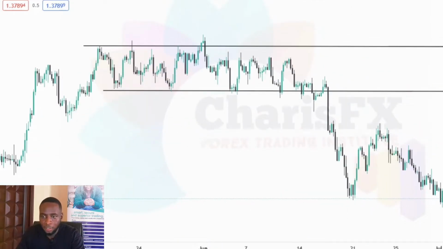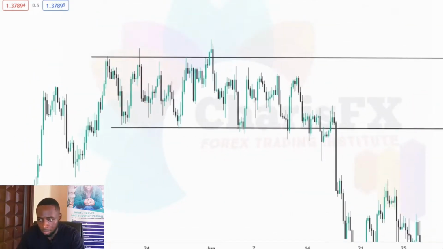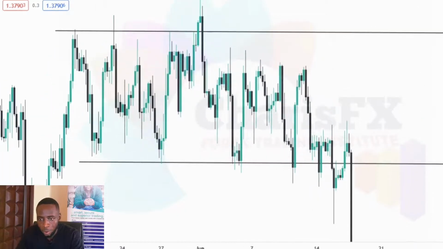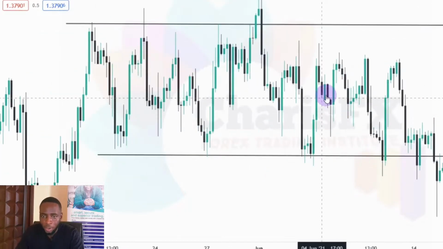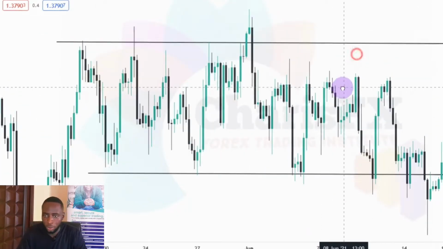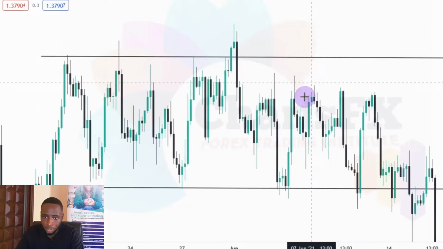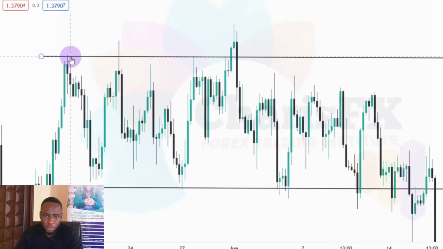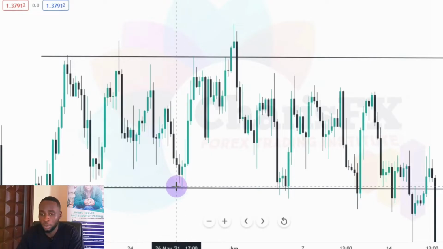This is an area of clear support and resistance. Okay, when you want to trade this type of range, we call it range trading. Look at how price respected the resistance here, came here, created a support, it couldn't break above that resistance line, came back, found support at that previous support created.